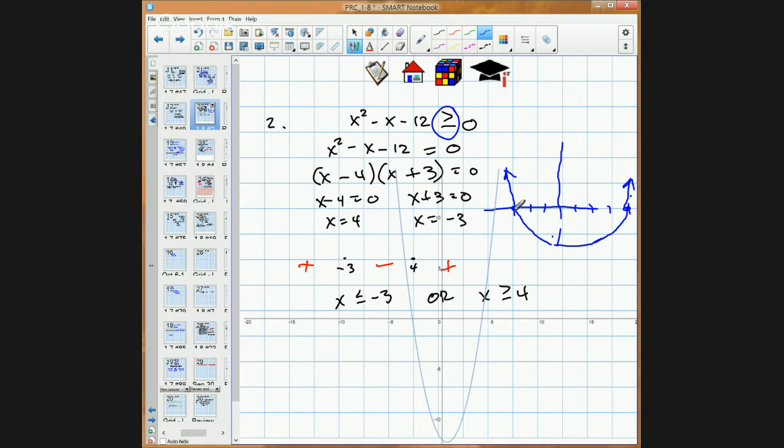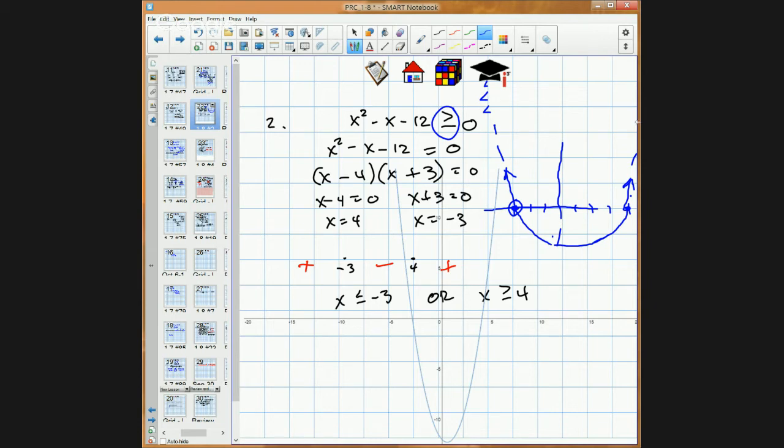Well, here are the crossing points, 3 and 4. I'm sorry, -3 and 4. When it's to the left of -3 or -3, and when it's on 4 or to the right of it, right? Because the parabola would go up and keep getting wider. This would keep going wider as this goes up, and I can't show you because it's off the screen, but it keeps getting wider. So those would all be above.